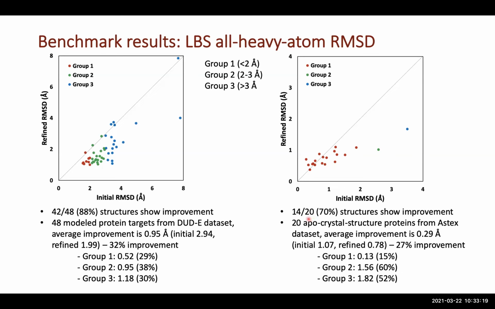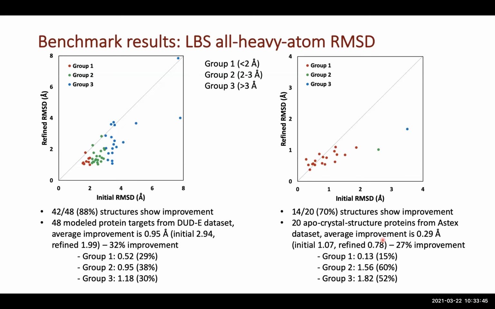We have 40 structures that show improvement out of 20 structures. And most of these structures in this crystal apo structures fall into the group 1 category, where the apo structures show quite similar conformation as compared to holo structure conformations.